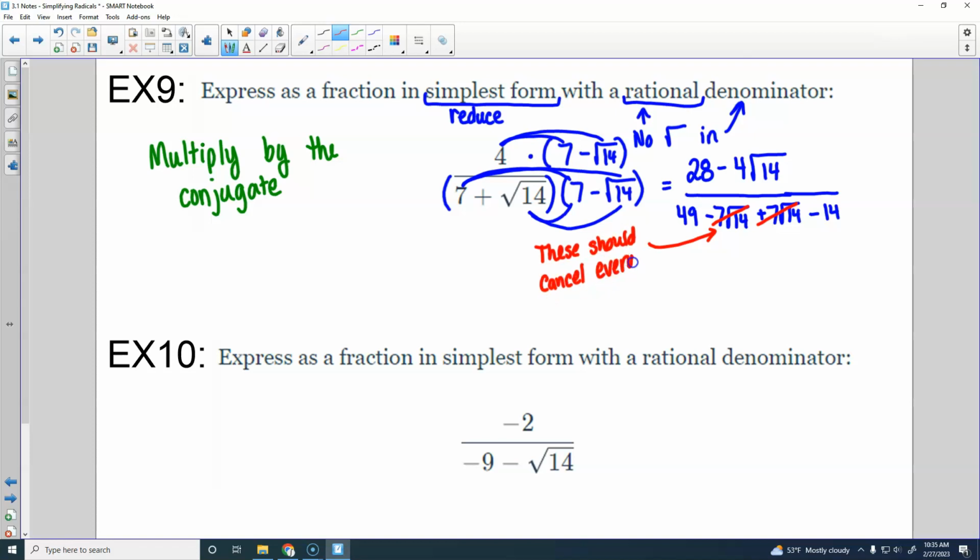Because the reason that we chose the conjugate 7 minus square root of 14 was so those middle terms would cancel out, because the middle terms are going to be the ones that have square roots with them, and we're trying to get rid of the square roots. So this is going to give me 28 minus 4 square root of 14 over, and I've got to do 49 minus 14, which is going to give me 35.